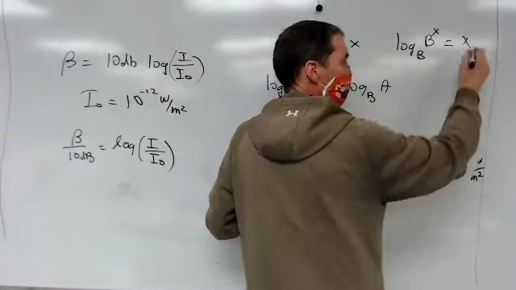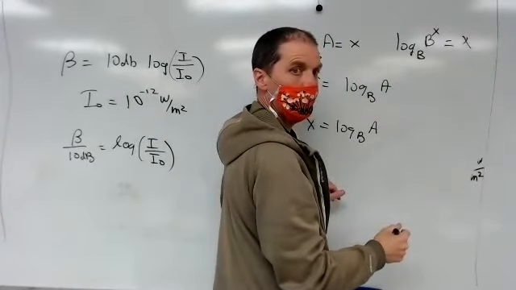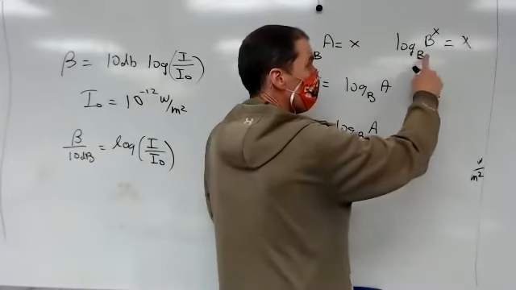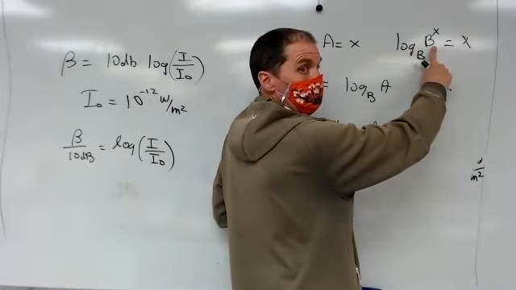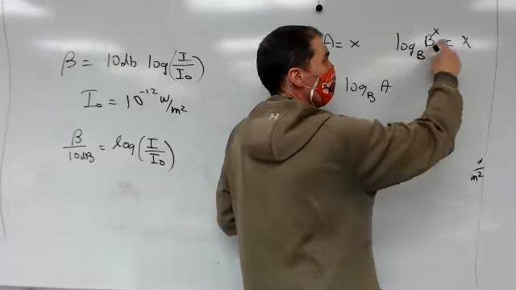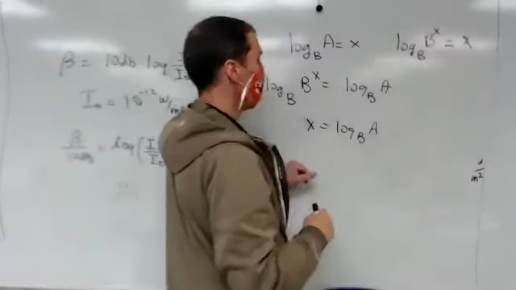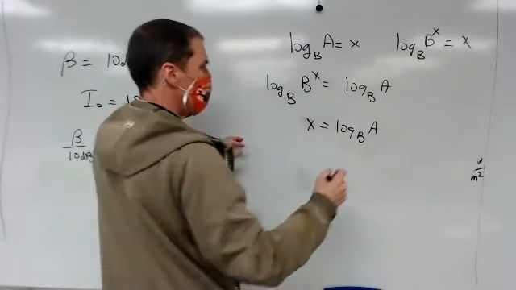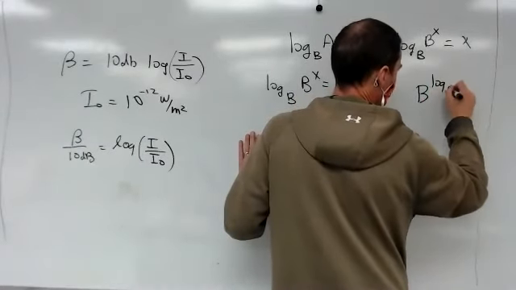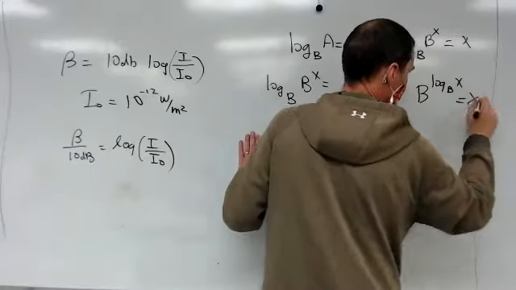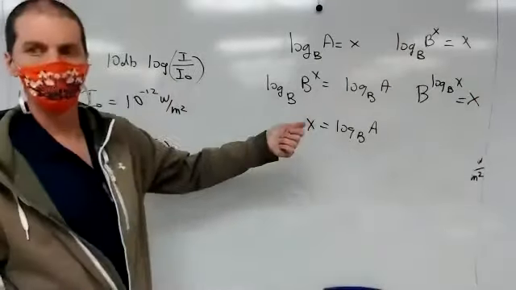It's just x. You follow me? This is how log works. This tells you that log and exponent are the inverse functions of each other, because this just undoes what the b to the x does. And so b to the log base b of x is equal to x for the inverse reasons.